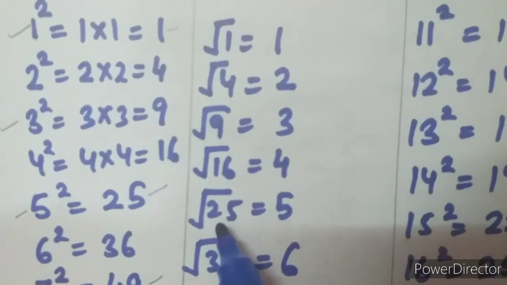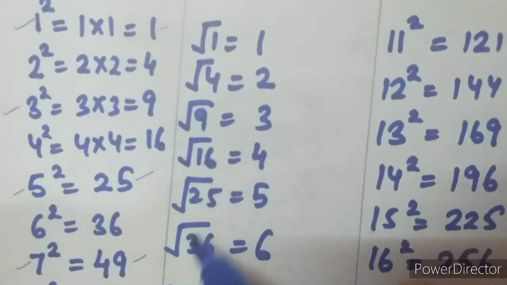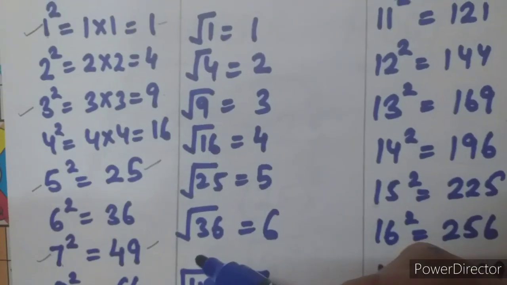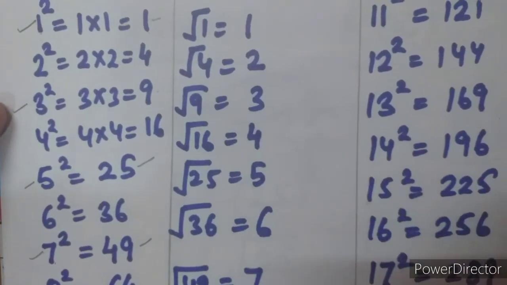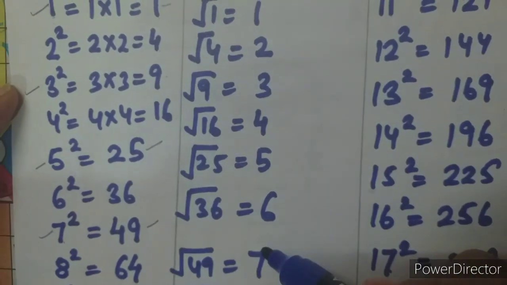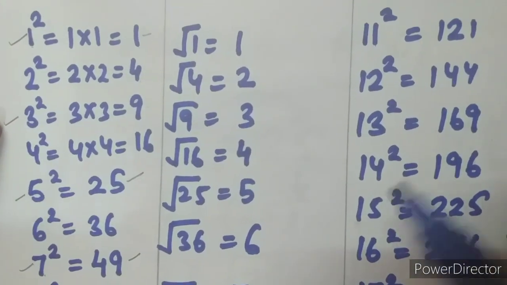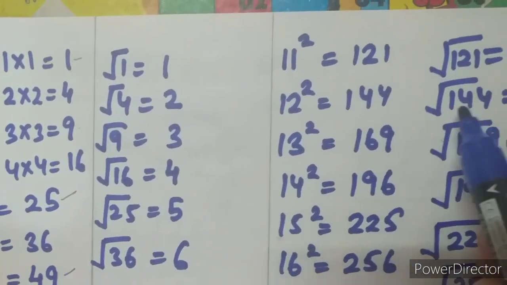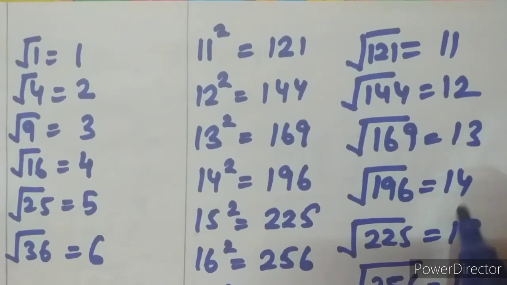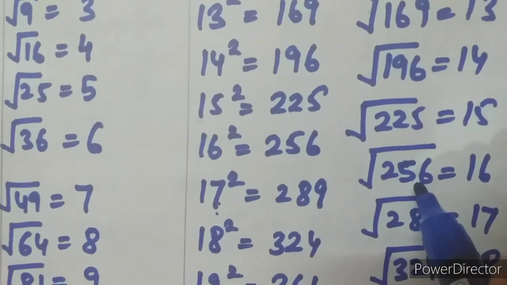The numbers 9, 16, 25, 36, whose square roots we know exactly, are called the perfect squares. Like for example, 144 is a perfect square, 196 is a perfect square, 289 is a perfect square, 256 is a perfect square.